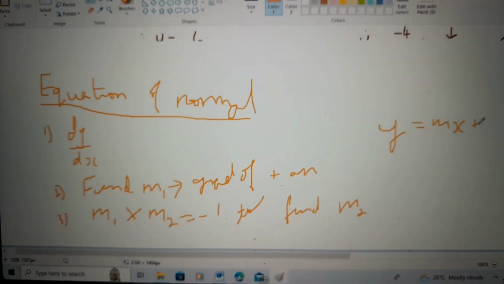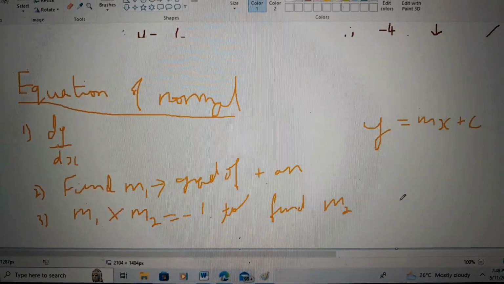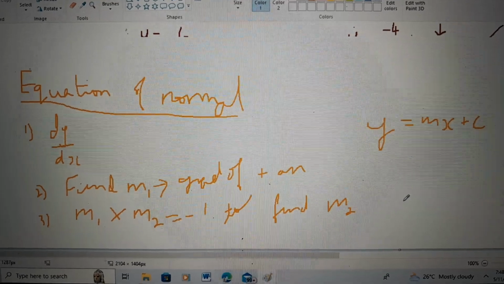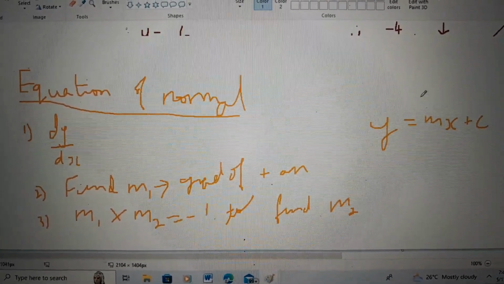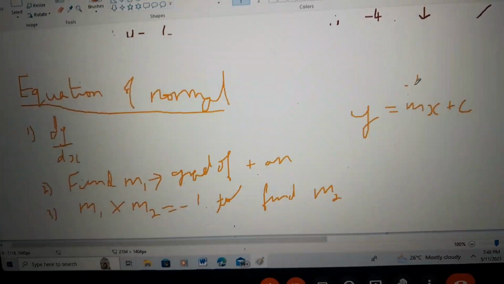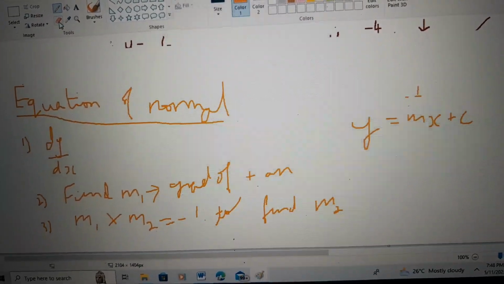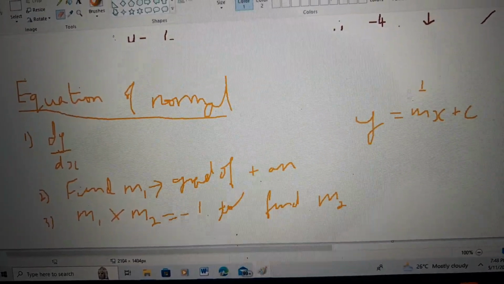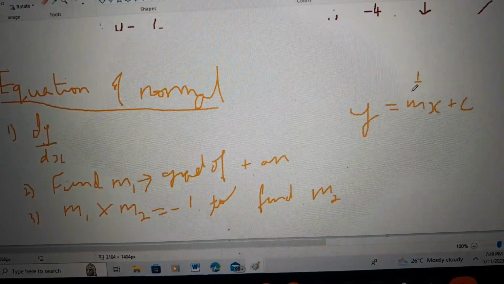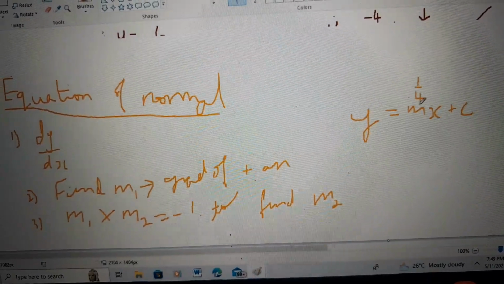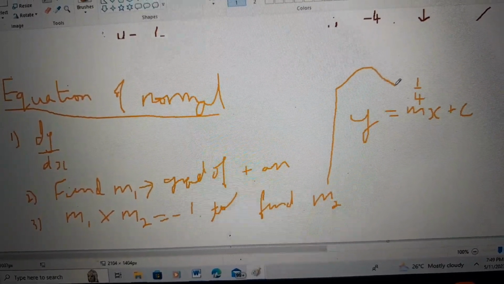Find the gradient of the normal, what will we do next? So in this case, we know the gradient is negative. It's not negative, sorry, it's positive a quarter. What's the next step? We find the equation of a line. We know that we found the gradient of the normal. What's the next step?